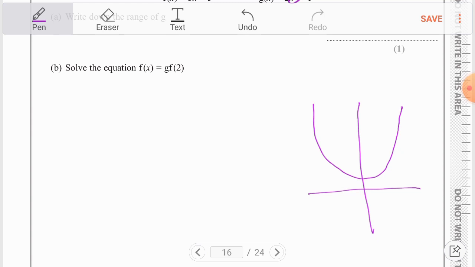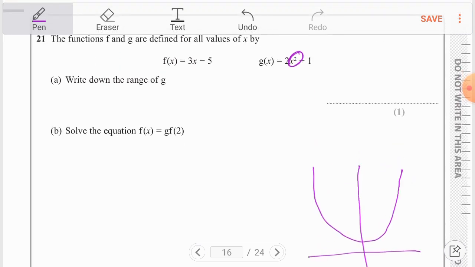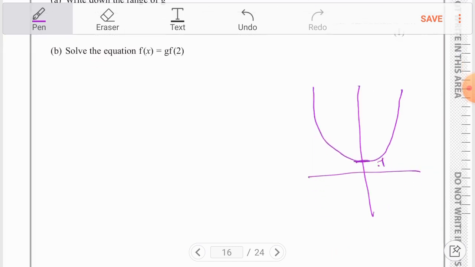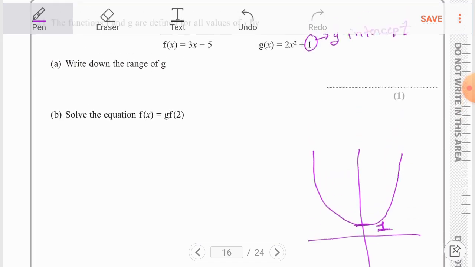That's how the graph for g(x) would look. And we know that this is the y-intercept of the graph. We can see that this point would be 1 on the y-axis, and as it has asked you to find the range of g, that means finding the range on the y-axis, so that would be g(x) greater than or equal to 1.